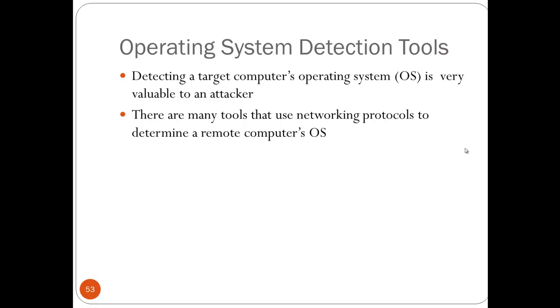One of the things that's important for completing a successful attack against a system is that you have to be able to detect or determine the target's operating system. It's very valuable information to an attacker, because once that's known, all of the vulnerabilities it is susceptible to can easily be determined. There's a bunch of tools out there that use network protocols to determine remote computer operating systems.